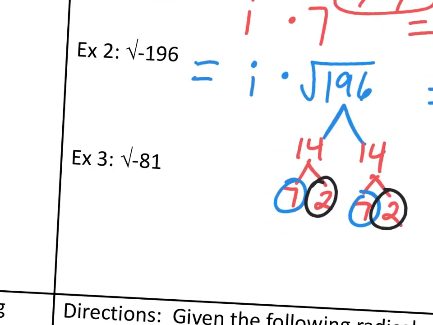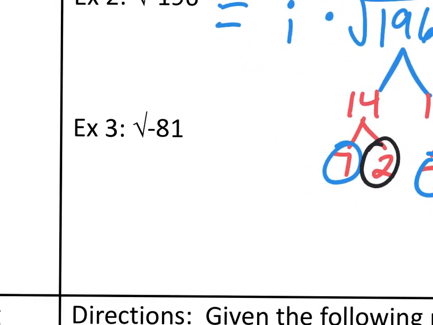All right, what'd you do first? Square root of -81. What did you do? So i times the square root of 81. Good. What does 81 break down to? 9 and 9. Does that break down further? 3 and 3. So both of those do that.